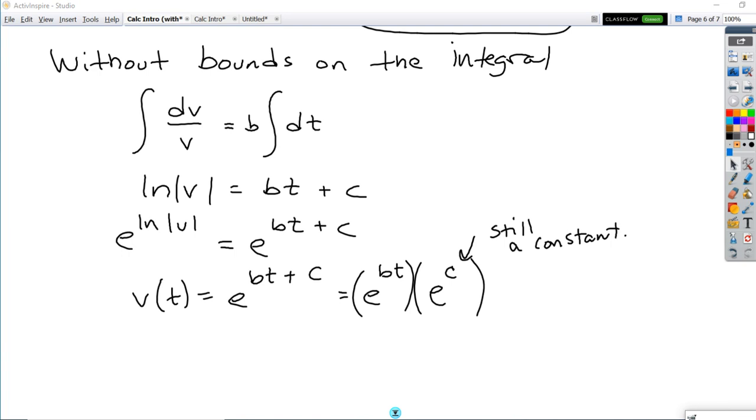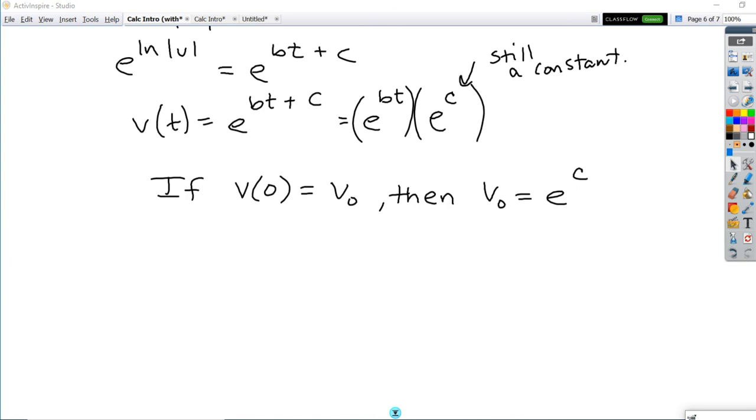Now, that should be the same thing as what we did given our specific bounds. The criteria was that if at time 0 the velocity is v0, then if we compare the two formulas, v0 would have to be equal to e to the c. So does that work?